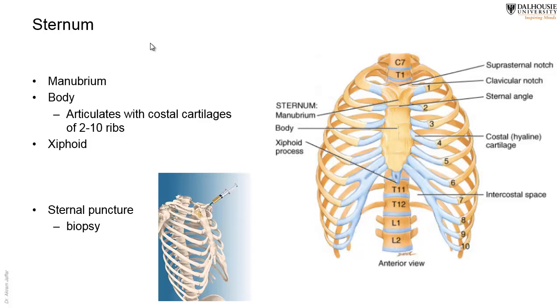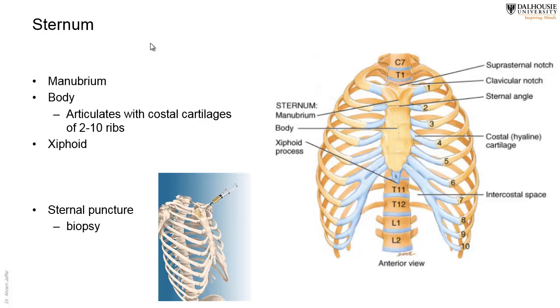To examine the bone marrow, especially in blood diseases, they perform a bone marrow biopsy, because inside the bone marrow the cells of the blood are formed. So in cases of some types of anemia or leukemia, they have to examine the cells that produce the blood cells, and they are present in the bone marrow.